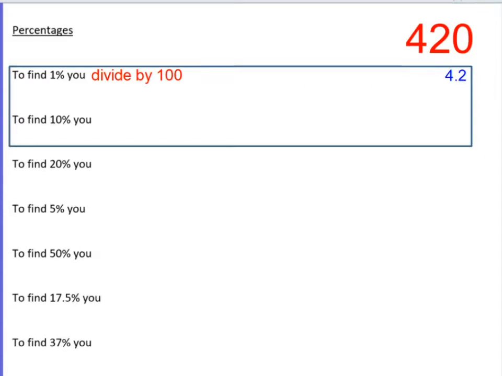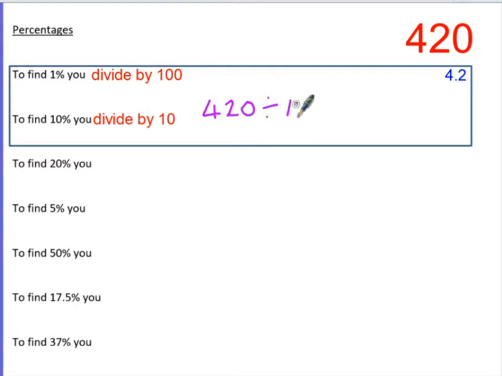If you want to find 10% of anything, you divide it by 10. So if you want to find 10% of 420, we're going to do 420 divided by 10, and that gives us 42. So 10% of 420 is 42.